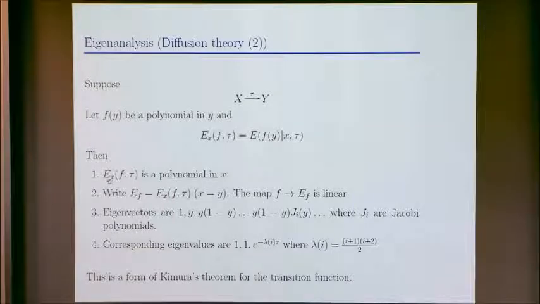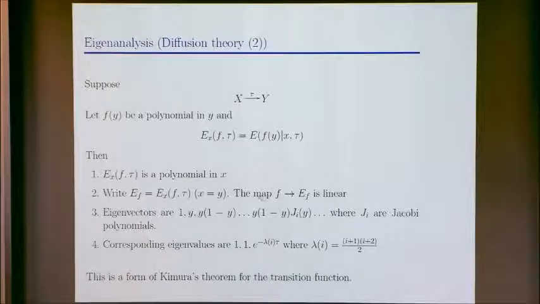This expected value, E sub x, is a polynomial in x. And I just want to get back to the same space. I've got polynomials in y, E sub f is a polynomial in x, so change x to y to get me back to the same space. The map f going to E sub f is linear.